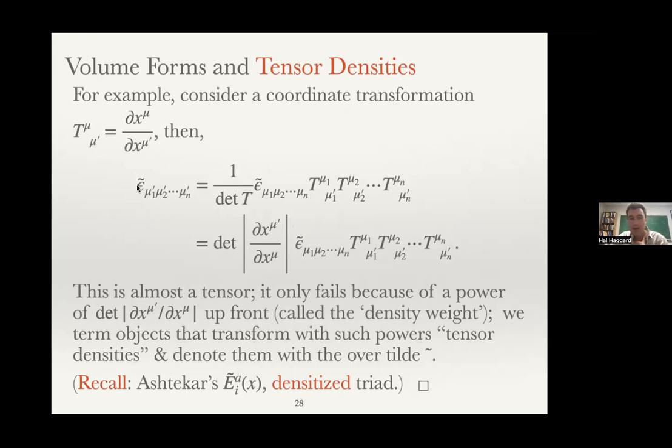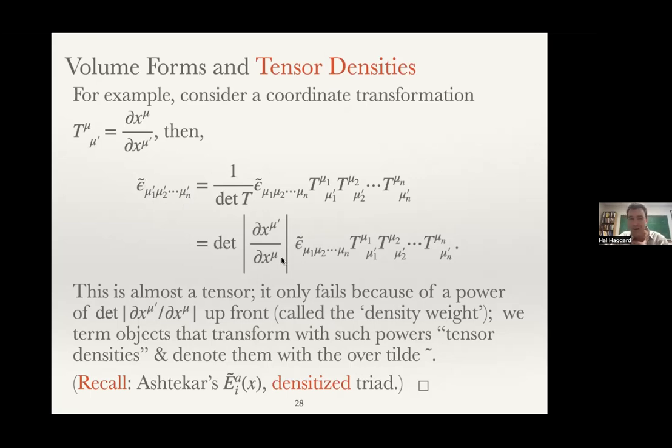And the notation that we use is to put a tilde over the object and use indices to indicate that it's like a tensor. It has indices that transform in the multilinear way that tensors do, except that it also has this power. And it's the power of this Jacobian, the primed one with respect to the unprimed, that we call the weight of this tensor density. So in this example, we have a tensor density of weight 1.